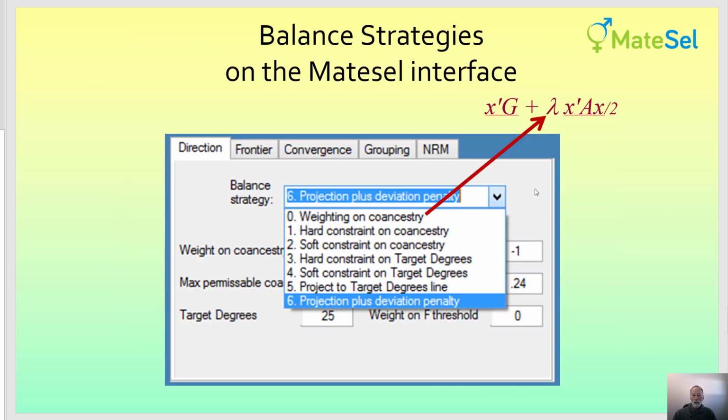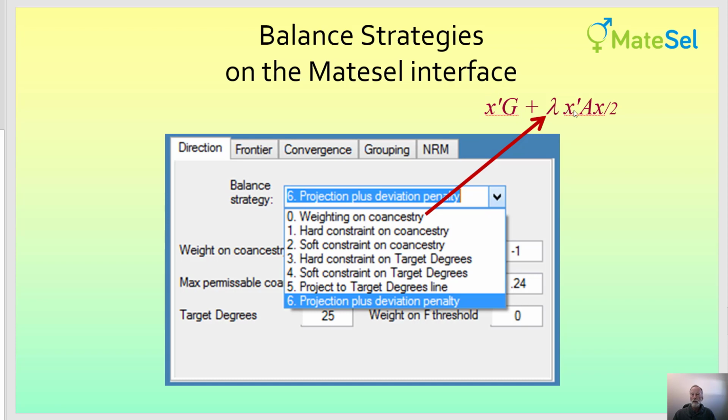So what I'm going to do now is go and look at showing you that and the other balance strategies on the Matesel interface. But first of all, one we will not look at is the first one, which I've called number 0. This is what we used to use in the old TGRM, and it's simply a weighting factor on coancestry, which is this term here, as opposed to progeny index, which is this term here.